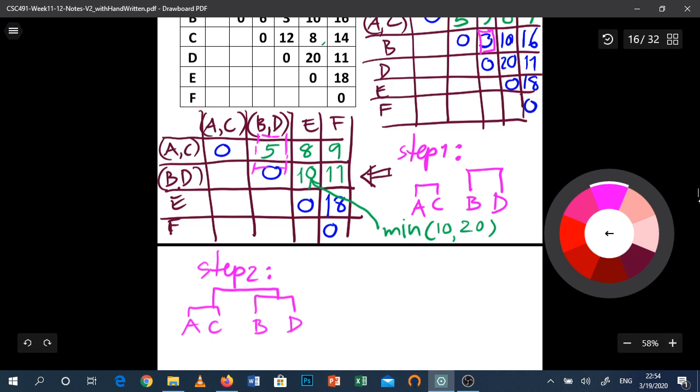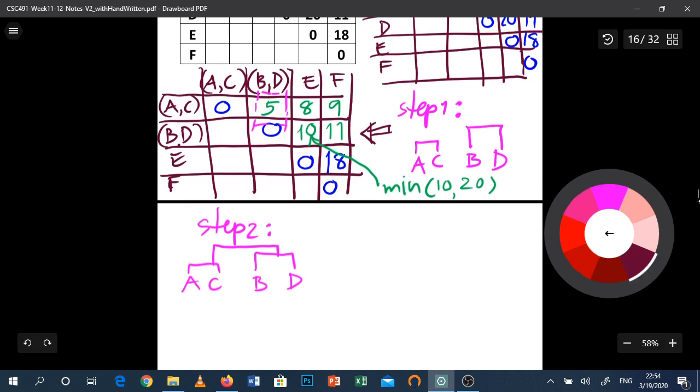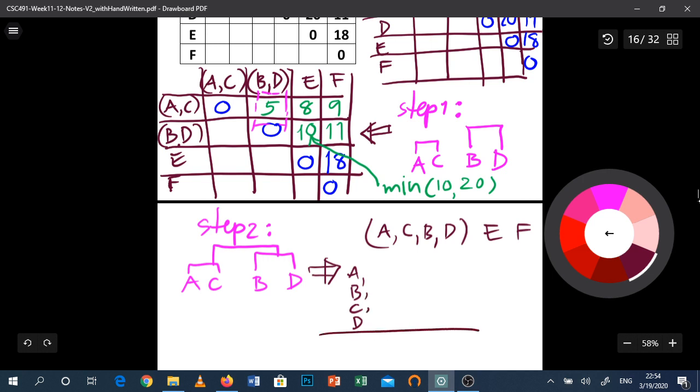So we have to update the distance metric one more time. So now ACBD will be drawn together, and then E and F again, A, B, C, D, and E and F.